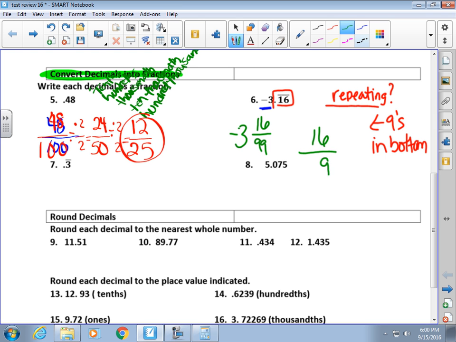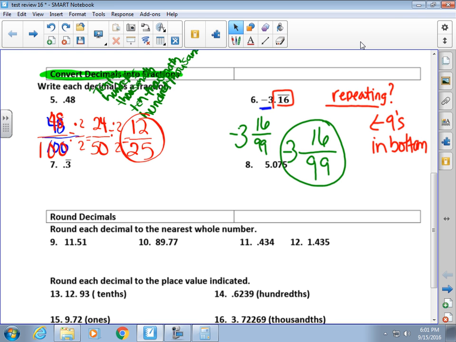So I need a 9 for each digit that's repeating. I then bring in my negative 3. That's the shortcut. If it's repeating, 9s go in the bottom. So instead of zeros, you're putting 9s, and you don't put the 1. Okay? So 16 over 99. Negative 3, 16 over 99.